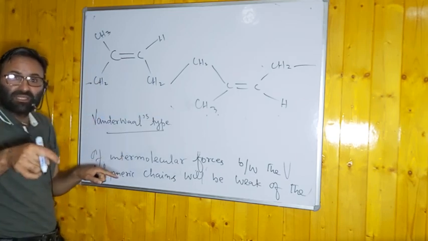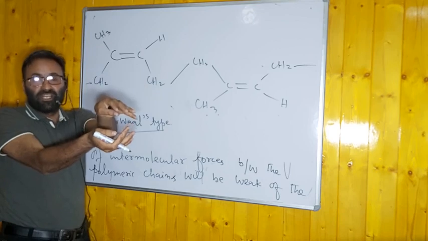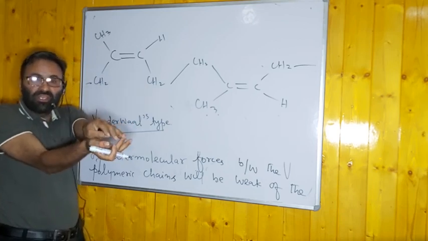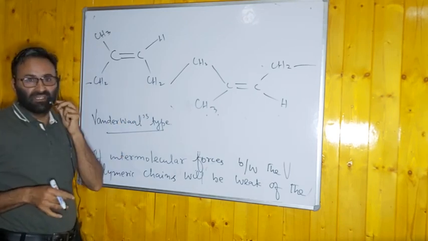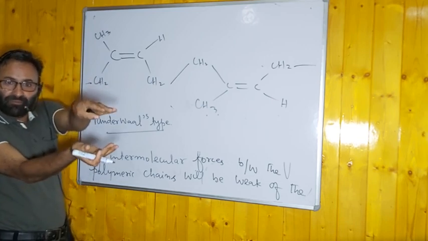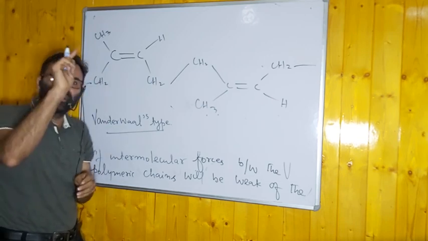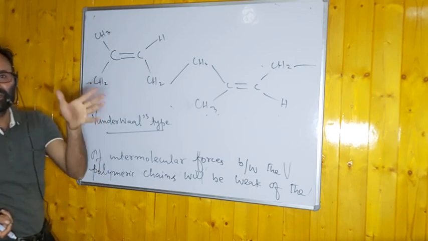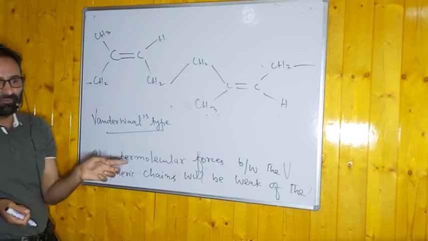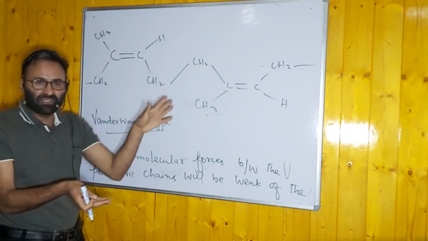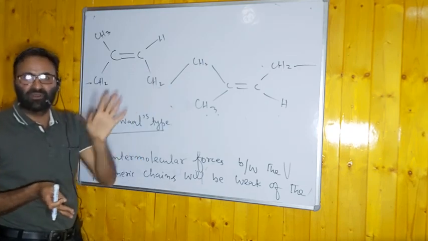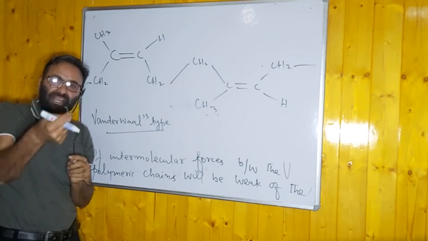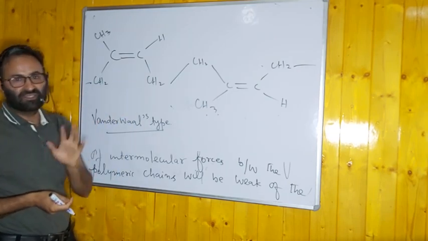In other words, the interaction between the polymeric chains gets further decreased by the cis stereochemistry. आपको याद रखना, पहले आपको बोलना है कि वहां पे पोलर ग्रुप्स नहीं है, इंटरेक्शन वीक है, ऑफ द वैन डर वाल्स टाइप है, मगर ये जो इंटरेक्शन है it gets further decreased by the cis orientation.